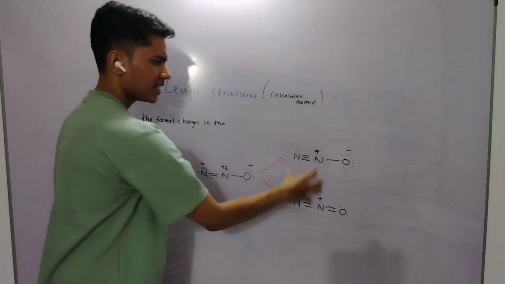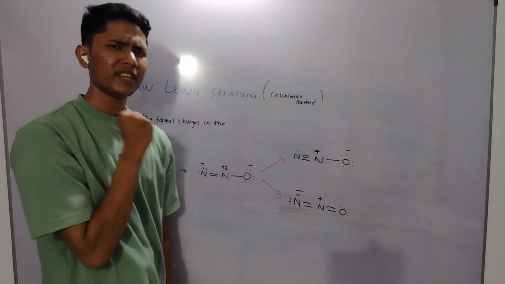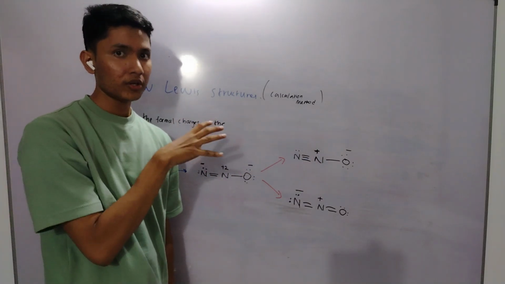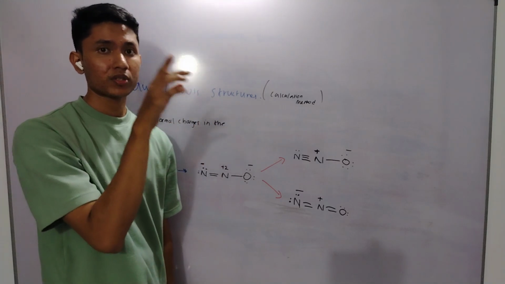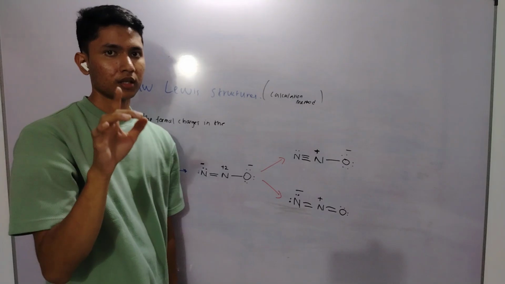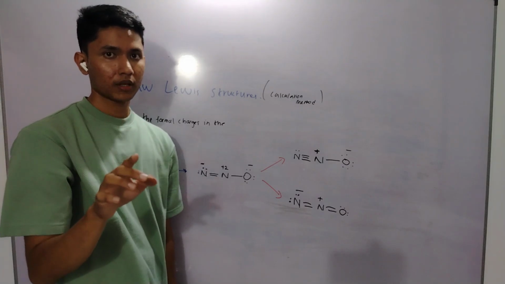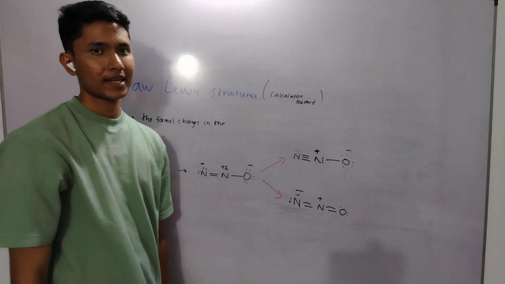Now out of these two structures, what will we prefer? You can't draw any structure in this picture. You have to select the most suitable one. In this one, what do we select as the most suitable one?